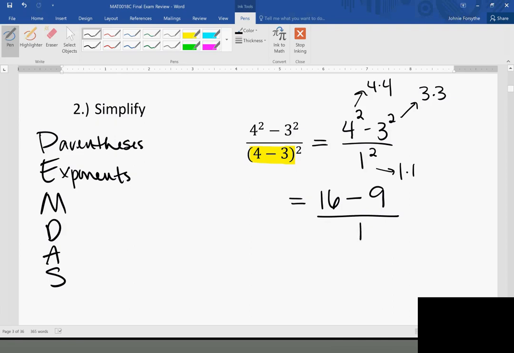And so now we have 16 minus 9. Well, it's at the numerator. So 16 minus 9 equals 7, because 7 plus 9 is 16, divided by 1. And 7 divided by 1 equals 7. So the final answer here would be 7.